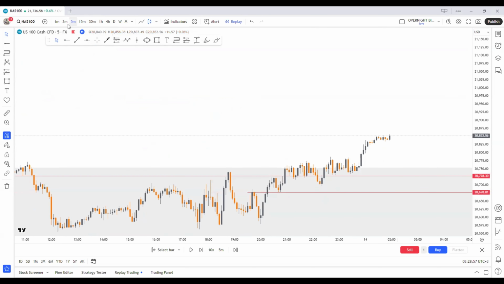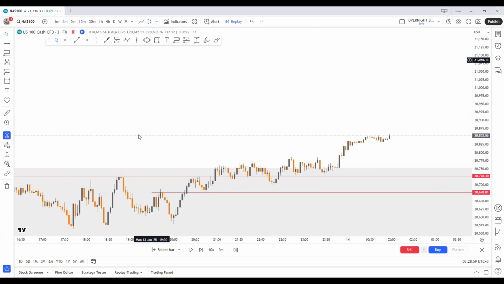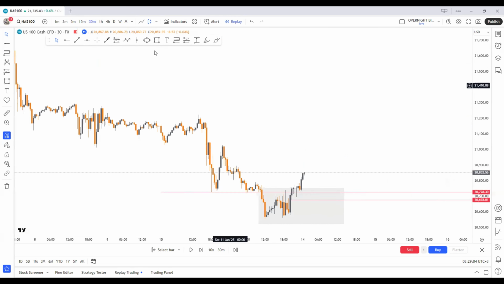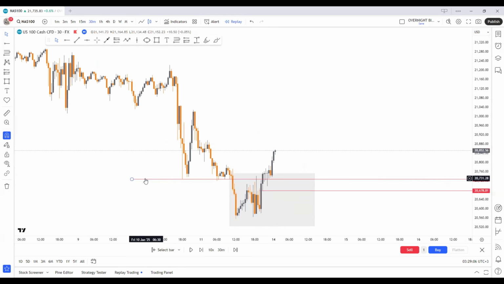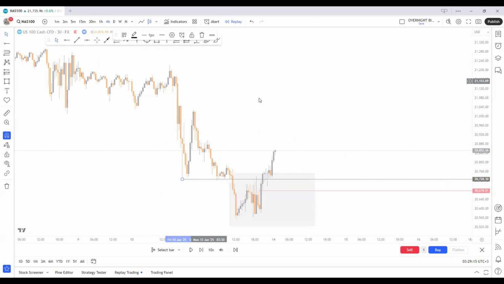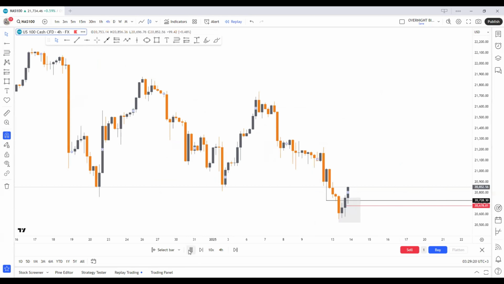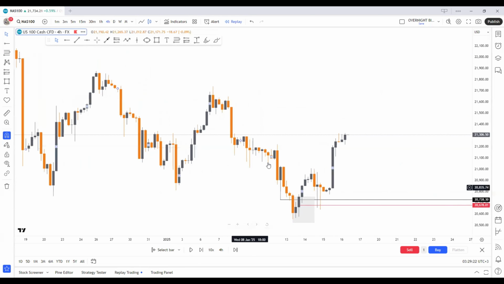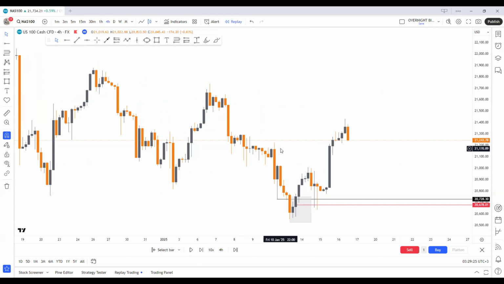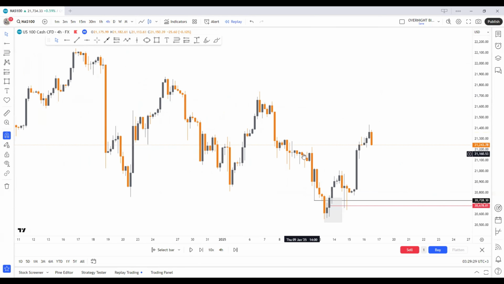Same liquidity on 5 minutes, same liquidity on 3 minutes, which means this will be our best area to take into consideration. So that's how you can analyze based on the candle range theory or the other forms or other means.